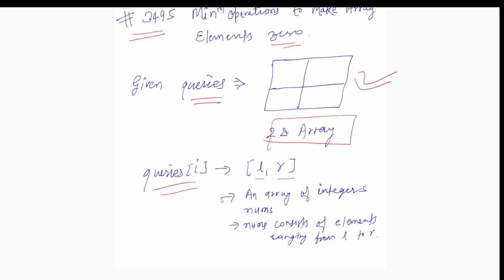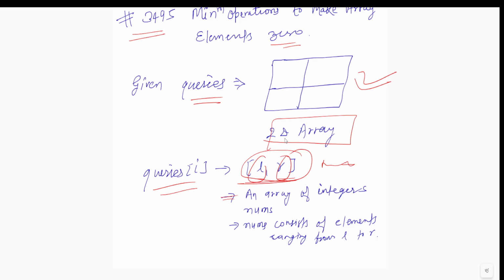So an array element is nothing but an array, and this array is an integer array called nums. These nums consist of the elements from L to R. We'll talk much more about this, don't worry.